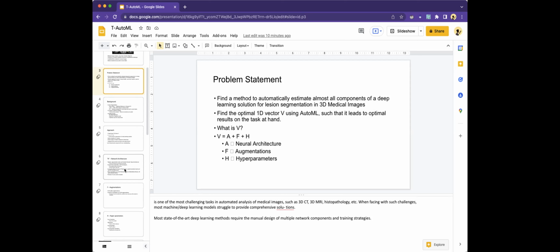So that's the idea of neural architecture search. Of course, there are a lot of things you can play with. As I mentioned, one of the challenges in this field is that you need to spend a lot of compute resources and time on the architecture search.